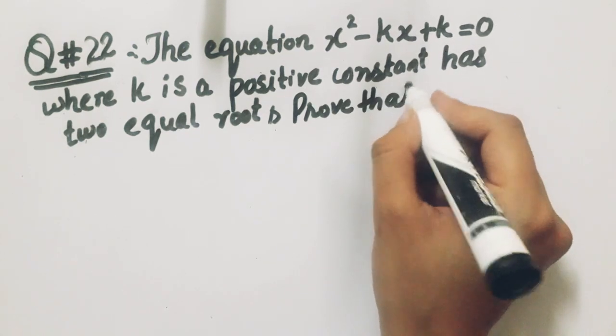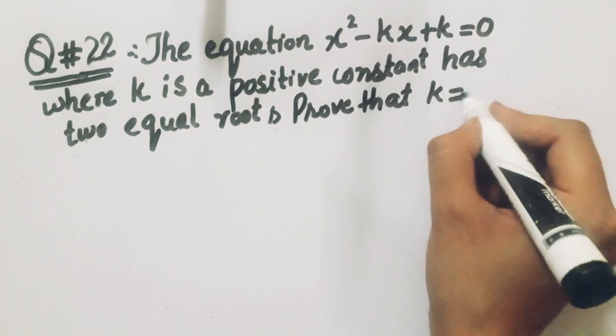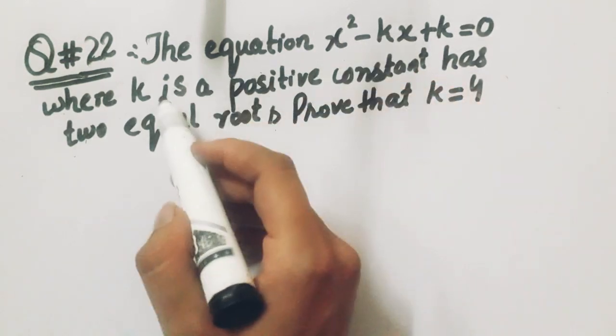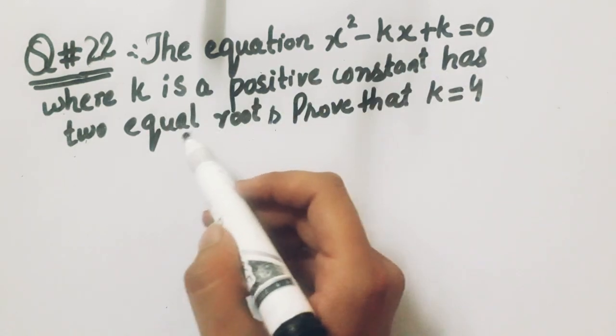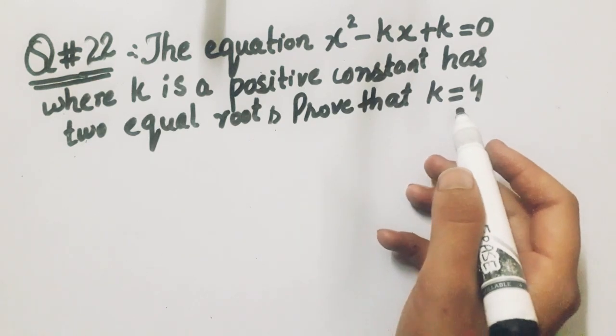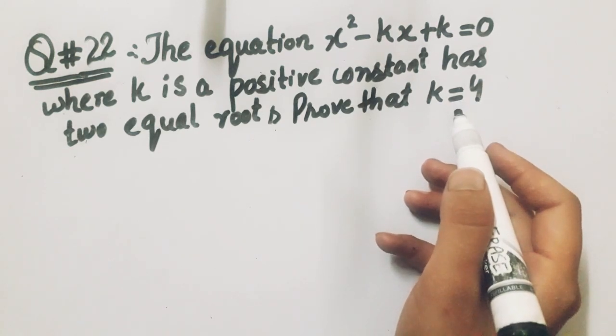Prove that k is equal to 4. Now this is a quadratic equation and k is a constant. You have to prove that it has two equal roots such that k is equal to 4. Now we will solve this question.